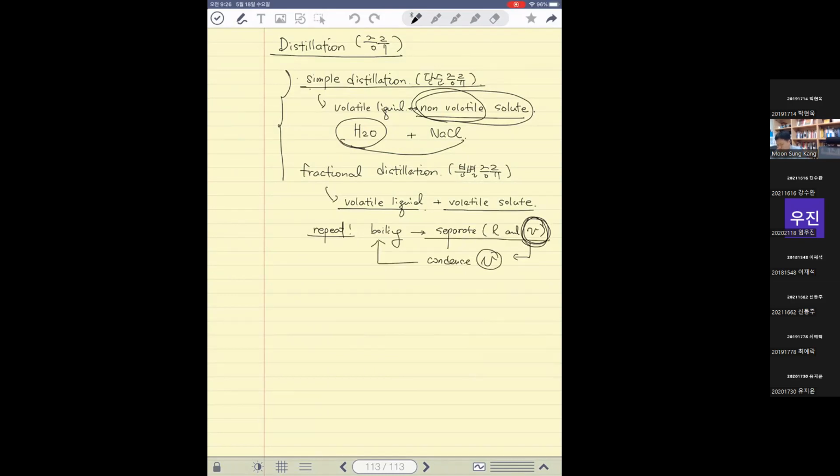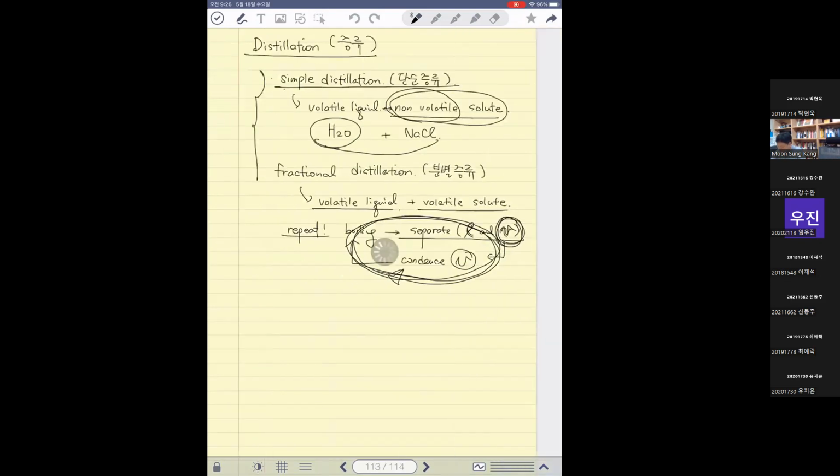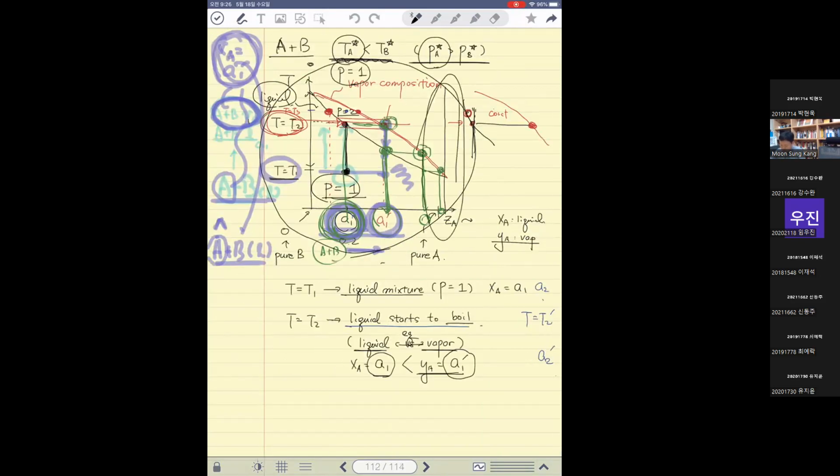You're going to separate the liquid and vapor phase again. And then if you run the cycle, the composition of the liquid that you collect is going to reach towards this end, or maybe this end, composition being equal to 1 or composition being equal to 0, right?